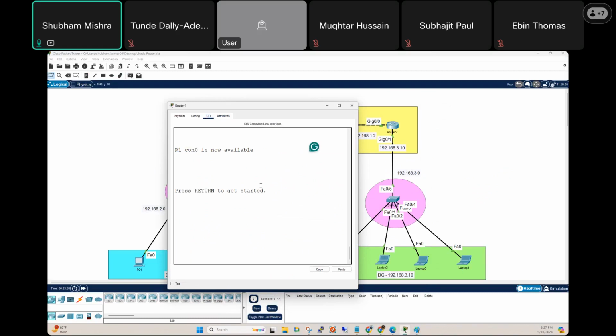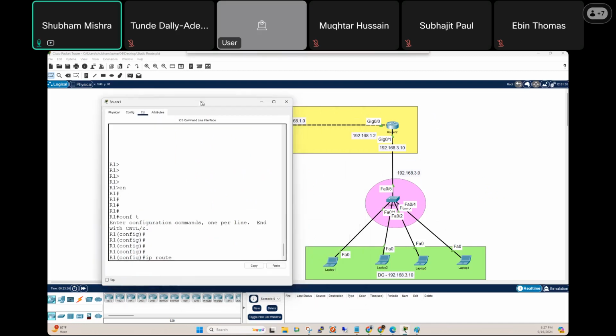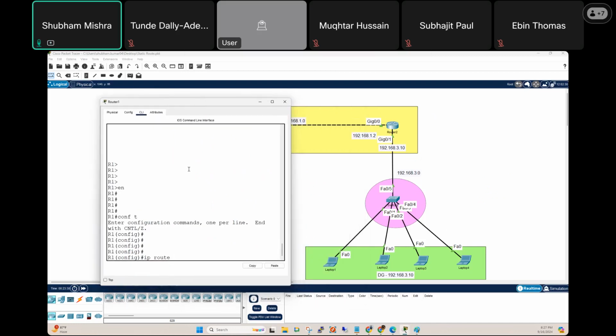On this router, I am writing the command enable, config, ip route. Fine. Now I am writing the destination network. I am not mentioning one specific IP address. No, I am mentioning the complete network, that is 192.168.3.0. Done. After that, writing the subnet mask.